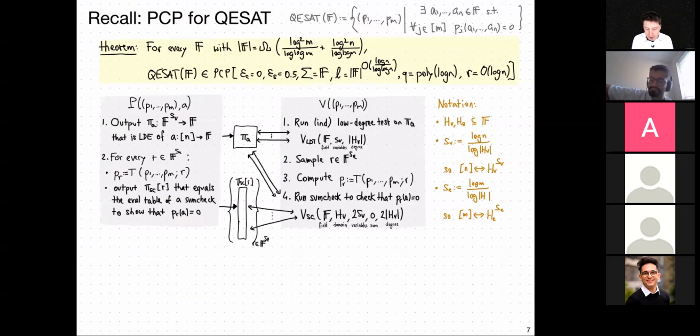The verifier tests the alleged low-degree extension, samples a random string, computes just this equation for this random string, and then runs the sum-check, which involves reading a few locations of one of these tables and also querying the low-degree extension at a couple of places, because the way you think of the evaluation of a polynomial is as a sum-check over the corresponding quadratic terms. Okay.